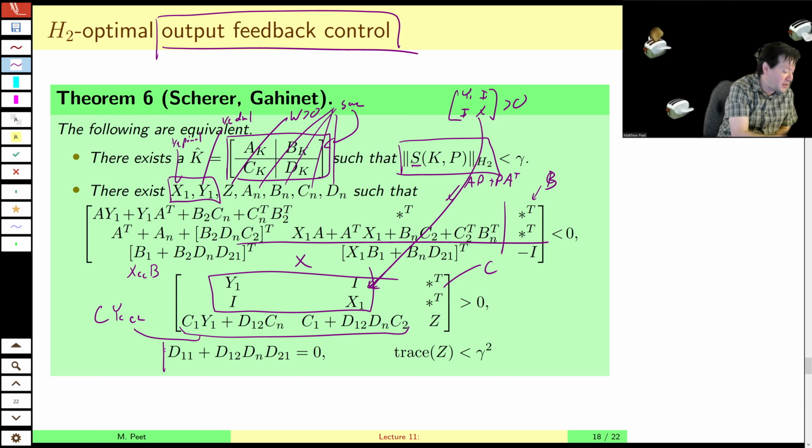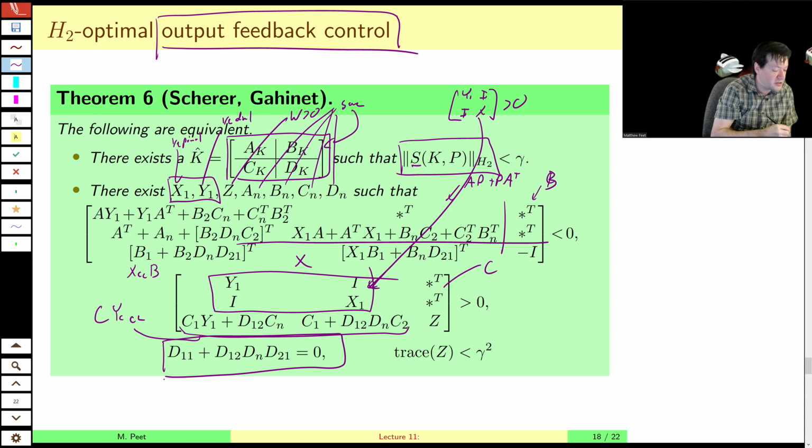Other than that, the other thing we have is a constraint here, because remember, in the closed loop system, for the H2 norm to be finite, we need that direct feed-through term from exogenous inputs to Z, that D11 term, to be 0.